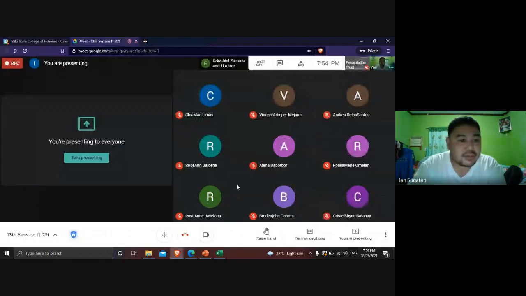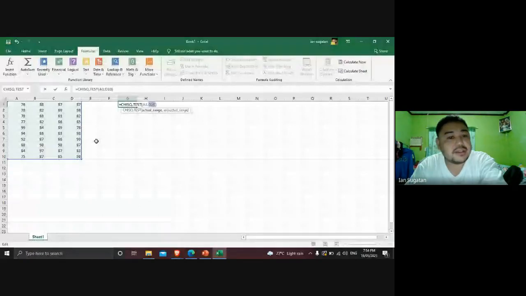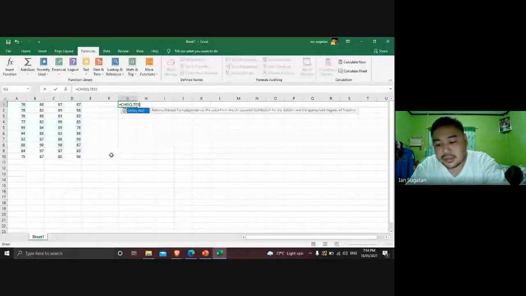So, going back to our example, this one, I think you have to get the other values before we perform the chi-square test.